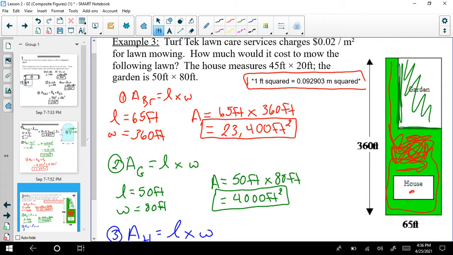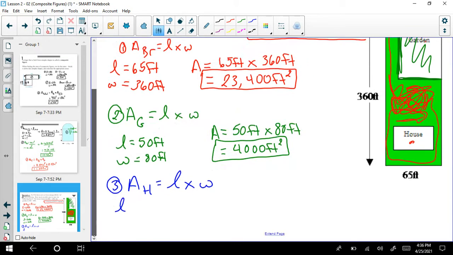My length of this house is going to be 45 feet, and my width is going to be 20 feet, I think we said. So then I'm going to plug it into my equation.